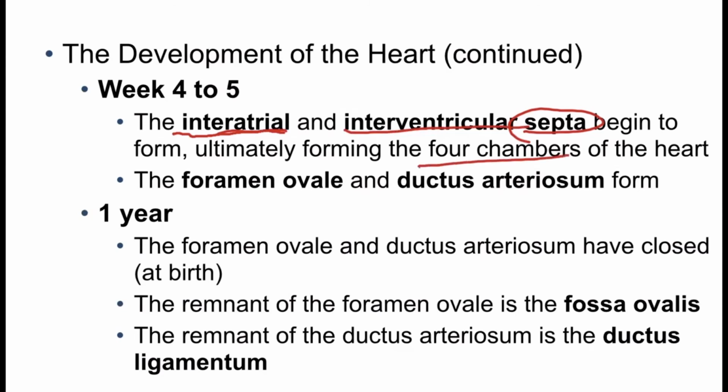Okay, the foramen ovale and the ductus arteriosus form. The foramen ovale shunts blood from the right atrium to the left atrium, bypassing the pulmonary trunk. The ductus arteriosus shunts blood from the pulmonary trunk back into the left atrium.